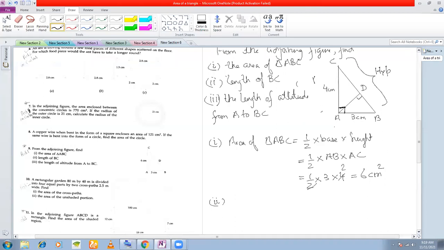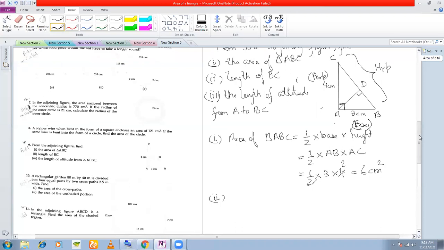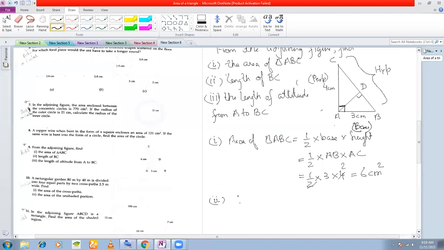And if you consider this as the perpendicular, and if you consider this as the base, if you know the perpendicular and base, you can find out the hypotenuse very easily. So let's write this. Hypotenuse square is equal to perpendicular square plus base square. Right?